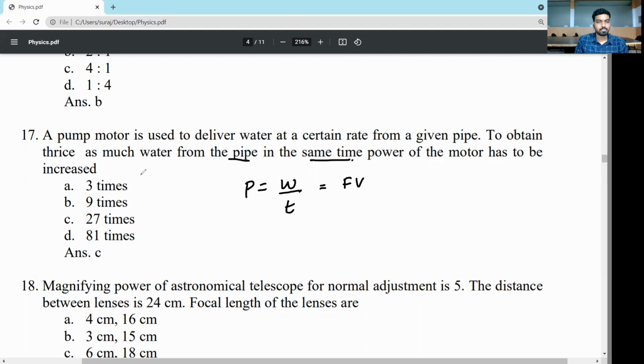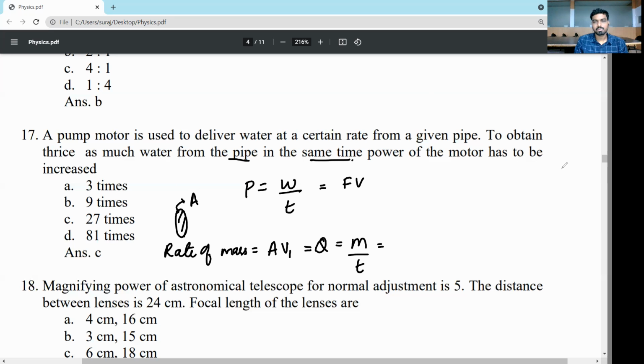Now see, pump motor, I know that rate for a given pipe. So there is a given pipe. To obtain thrice as much water from the pipe, the area is constant. So rate of mass is equal to A into V, which is nothing but Q, which is equal to M by T. So M I can write what?